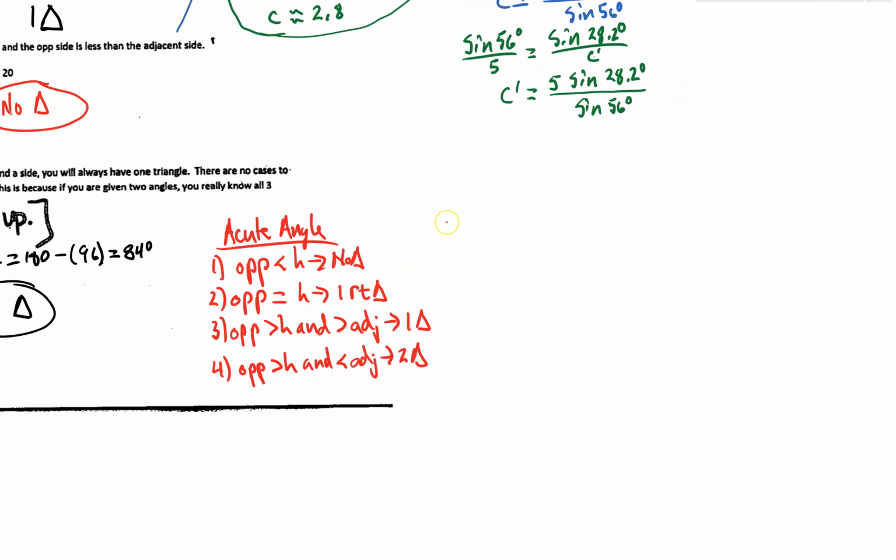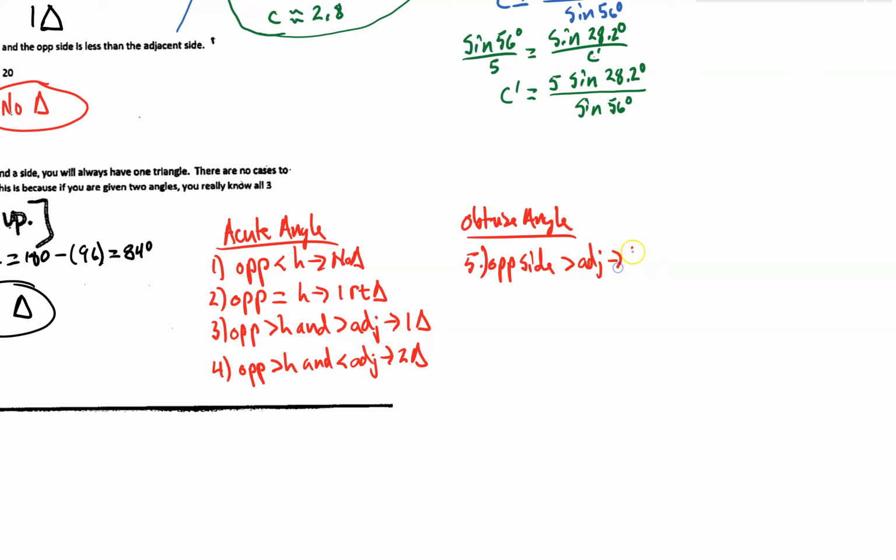And the second part, I know that your page is going to be a little slim, so just find somewhere to do this. When you have obtuse angles, when you're given an obtuse angle, you have 2 cases. Number 5, which said that the opposite side to the angle you're given is greater than the adjacent.